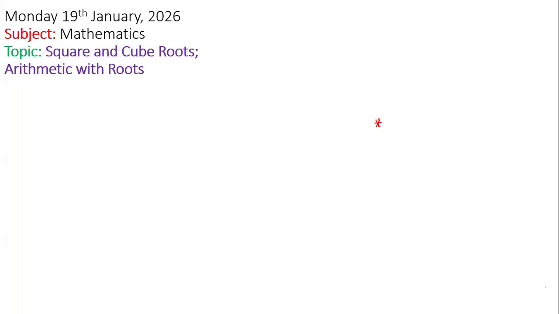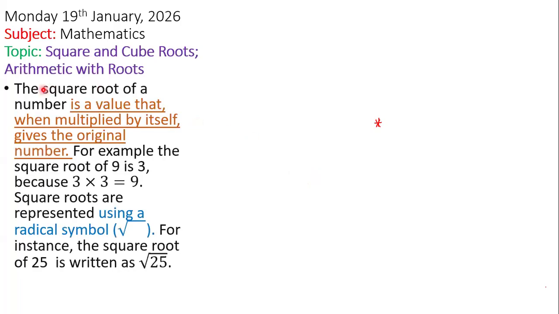When we say square root, it is basically asking a question. Write this paragraph down for me. The square root of a number is a value that, when multiplied by itself, gives the original number. So we're basically asking: what number can I multiply by itself to give the number that I have in brackets?